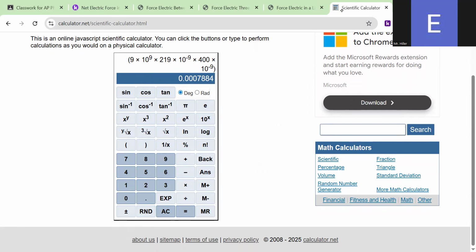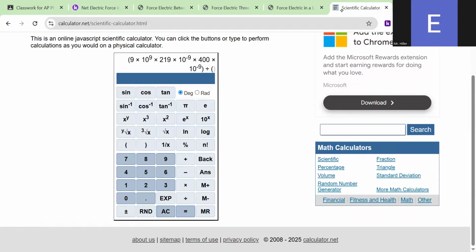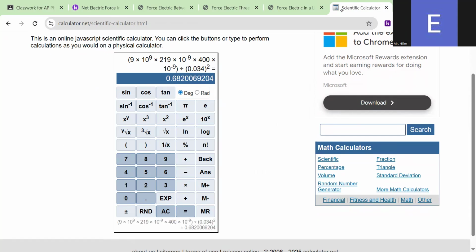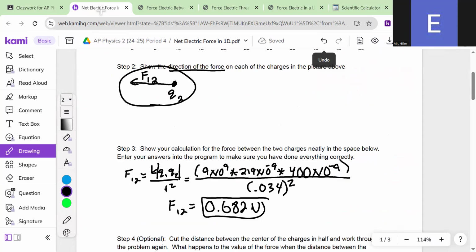Close those parentheses, divide, open parentheses. The distance between was 0.034. So 0.034 parentheses squared. And I'm getting a value of about 0.682, to the left.